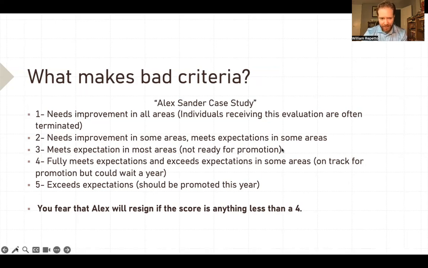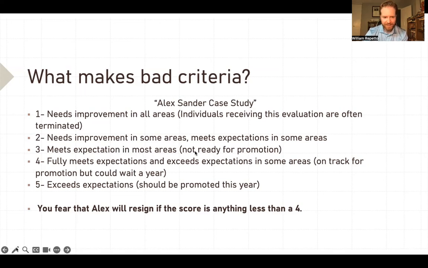At a 3, you're not ready for promotion. On 4, you're on track, but you could wait a year, which is kind of vague about what it means, and does it mean wait a full year? And then exceeds expectations, should be promoted this year, which means sometime soon, I guess, but again, not a very clear time schedule. That's why I say this makes for poor criteria. You even see vague words here, like most areas.